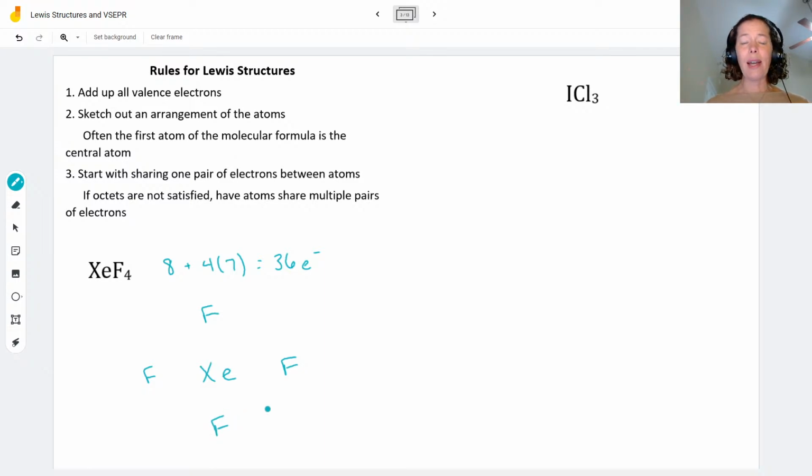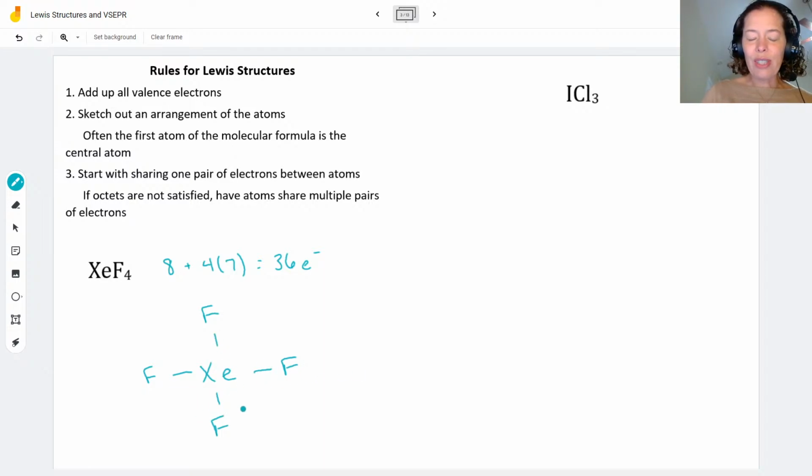Step 3 is I'm going to start by sharing 1 pair of electrons. All right, so we have single bonds in between xenon and each fluorine. I know that must be the case. So I have used 8 electrons. Just like before, I'm going to start adding electrons in until I feel like maybe I've satisfied octets everywhere.